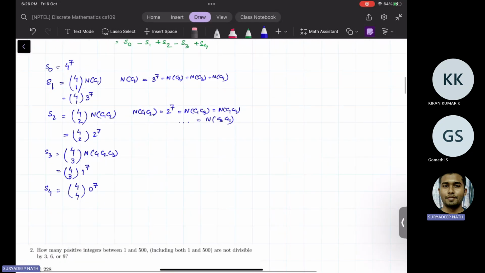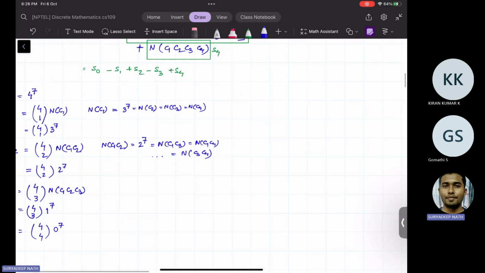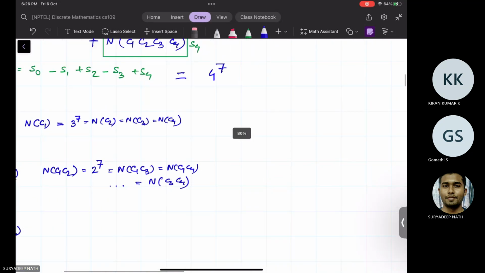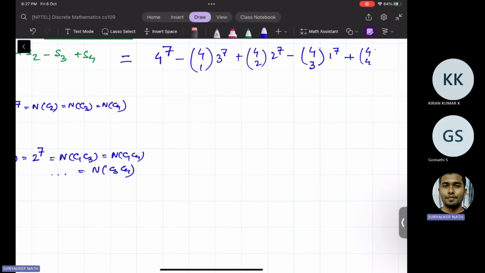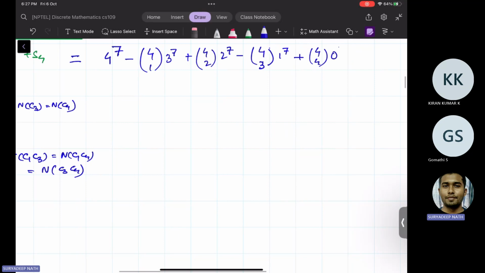So now if we add it up, what we get is 4 to the power 7 minus 4 choose 1, 3 to the power 7 plus 4 choose 2, 2 to the power 7 minus 4 choose 3, 1 to the power 7 plus 4 choose 4, 0 to the power 7.